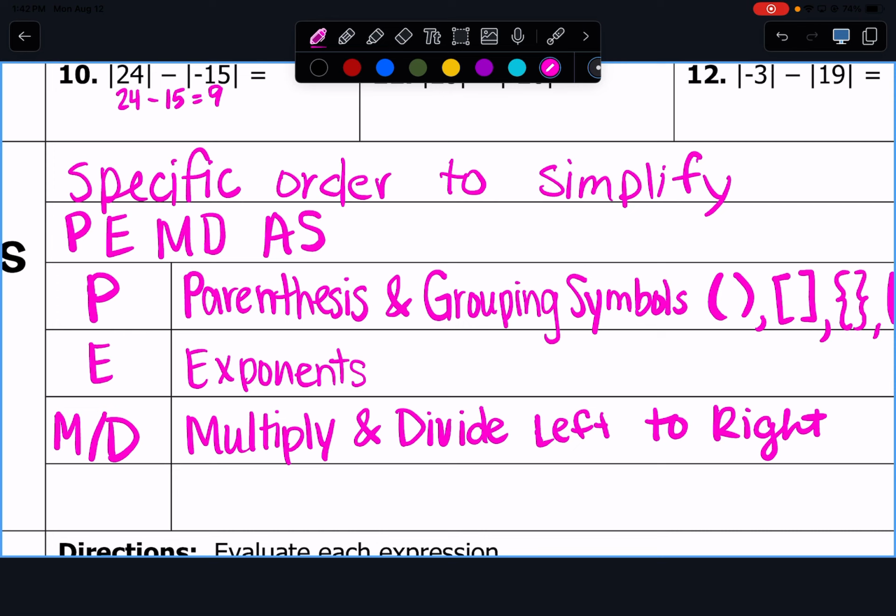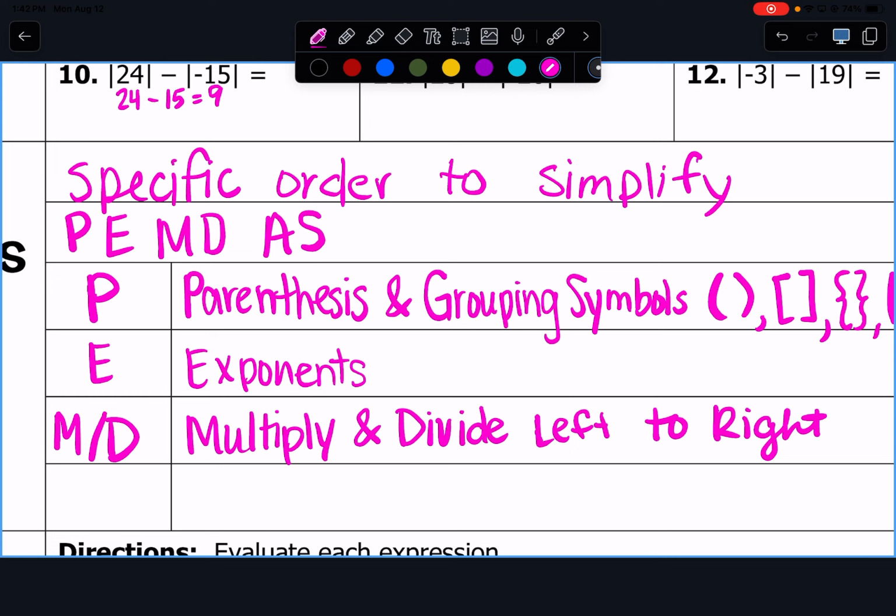Alright, so if I have this, let's see. If I do that. How do I do it?